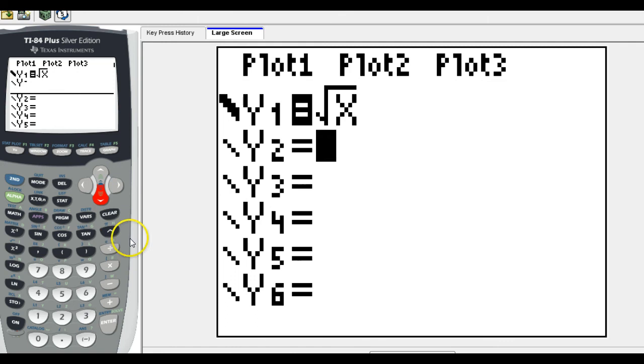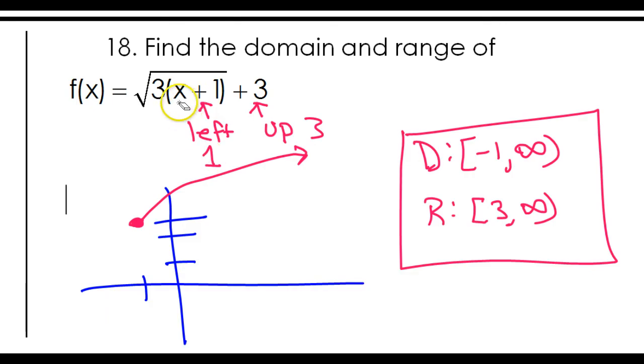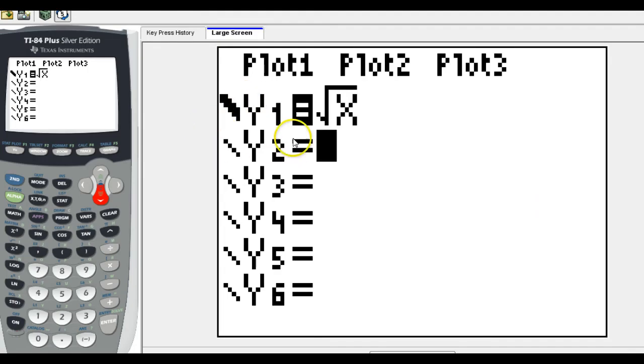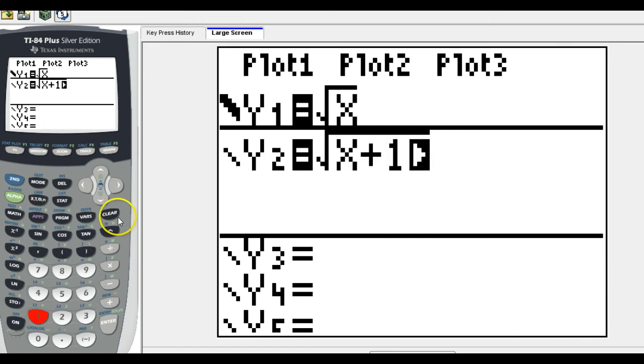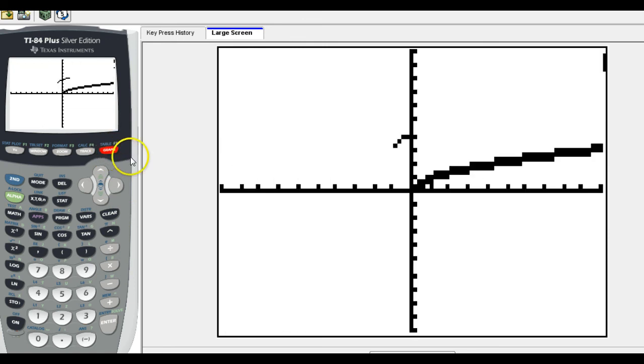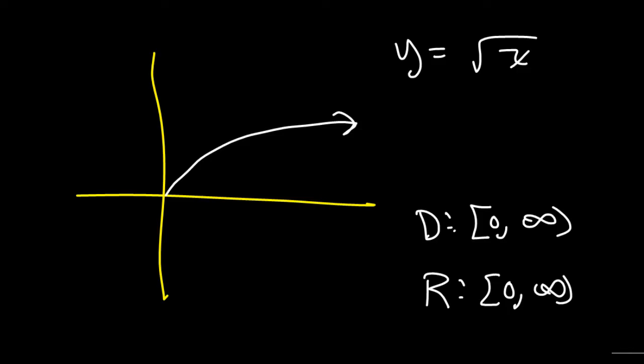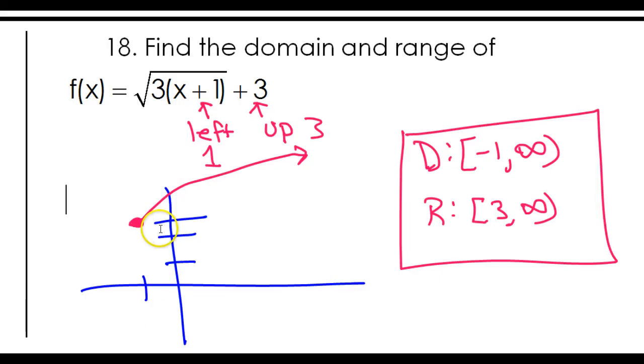Let's see what happens when I do square root of x plus 1, and then on the outside, plus 3. Okay, so you can see, just like I thought, it's left 1 and up 3, just like we predicted.